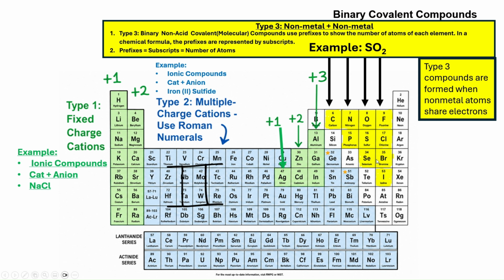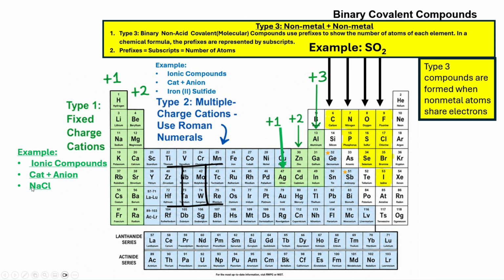Remember that type 3, you have to use prefixes when writing the chemical name, and the prefixes equal the subscripts in the chemical formula. And those subscripts represent the number of atoms that compound has.